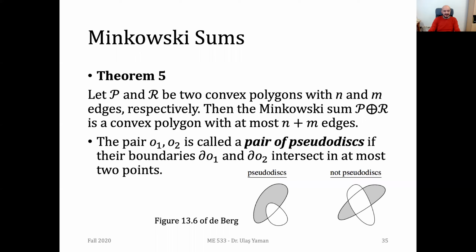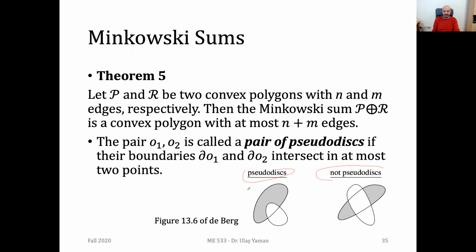Now let's have another definition. This is about a pair of pseudodisks. This is an important definition while we are doing some computations related to Minkowski sums. Here you see an example of a pair of pseudodisks, but here you see that this pair is not pseudodisks. What is a pseudodisk?